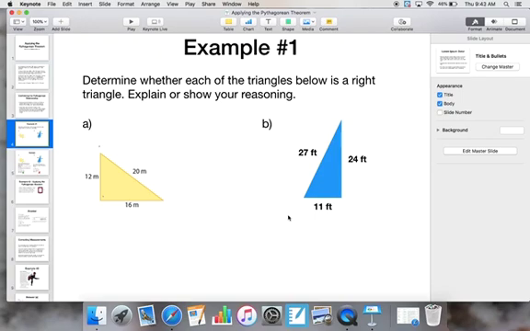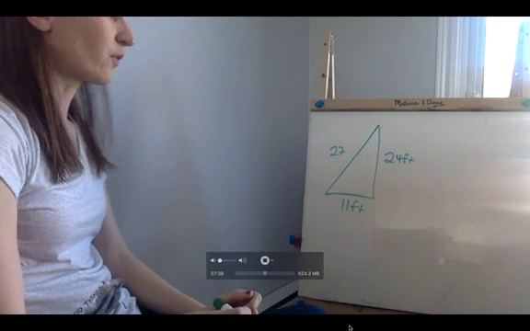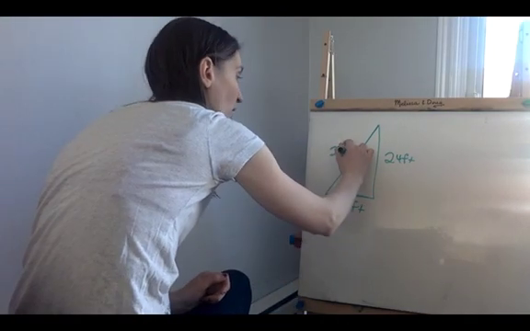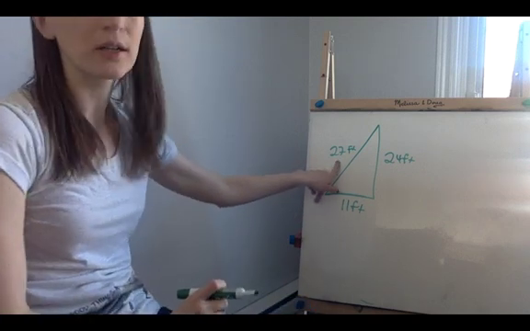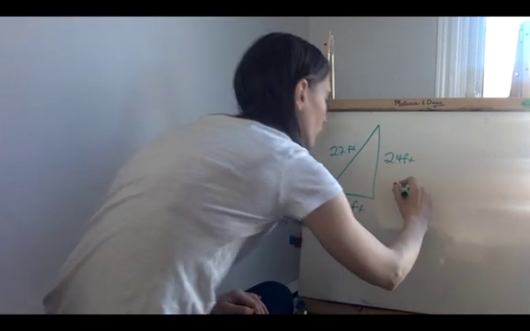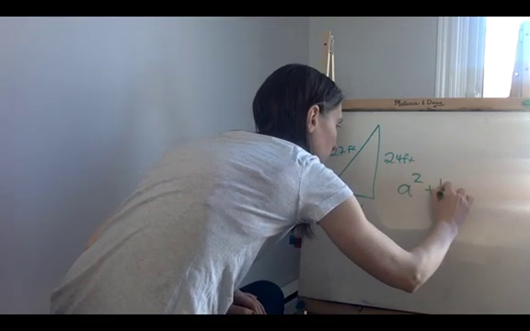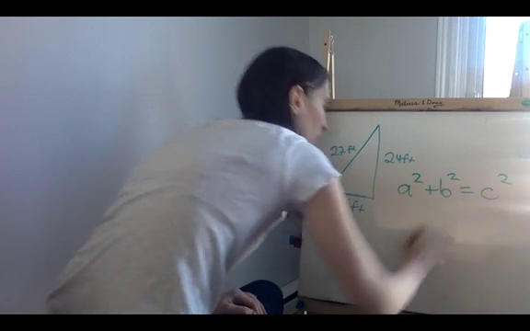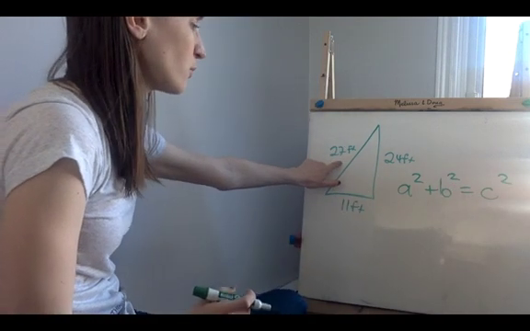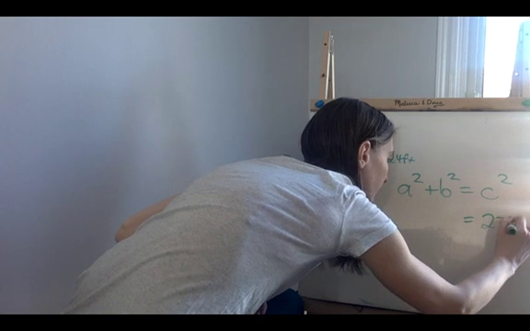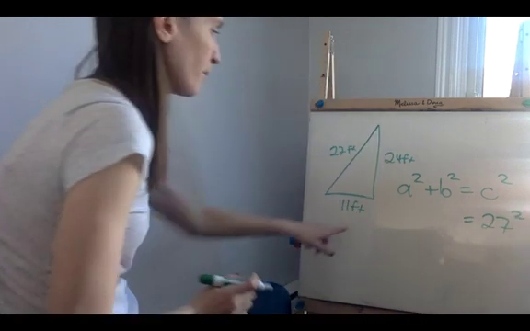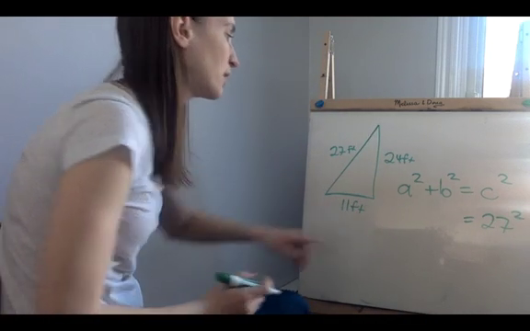We are questioning whether or not this is a right triangle. Again, if it was a right triangle, the longest side would have to be c, so we're setting up a squared plus b squared equals c squared. The longest side is 27, and my two legs, a and b, would be 11 and 24.